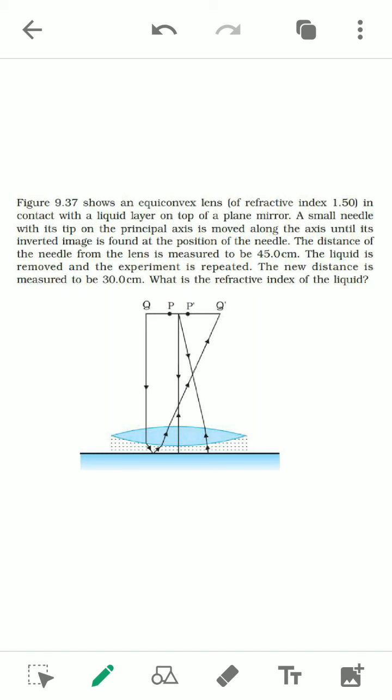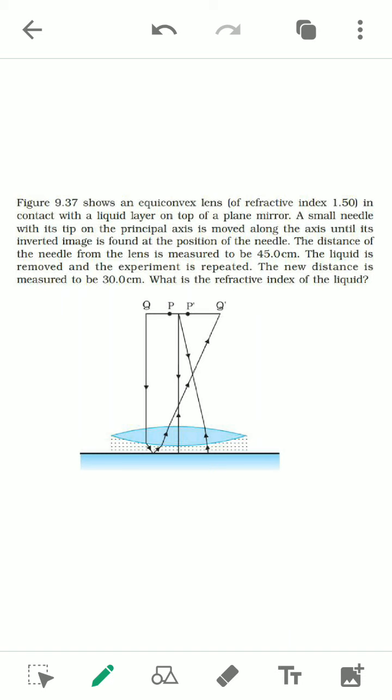Now the liquid is removed and the image is formed 30 centimeter above the mirror. That means now only the convex lens is there. We will take the focal length of the convex lens as F1 and the focal length of the liquid lens as F2. So the focal length of the convex lens F1 we will take as 30 centimeter.